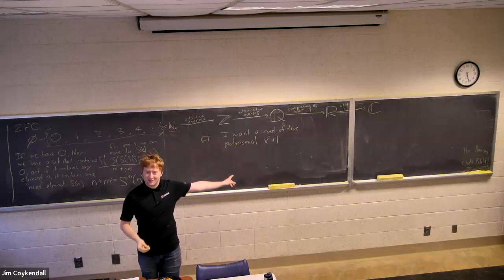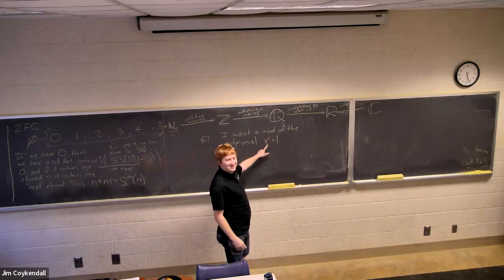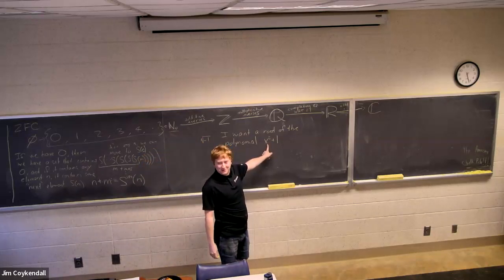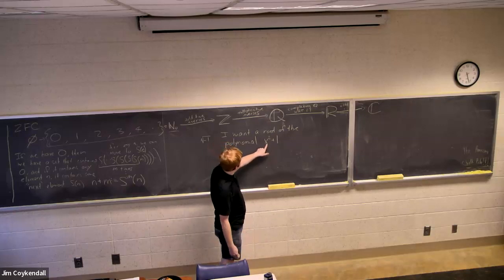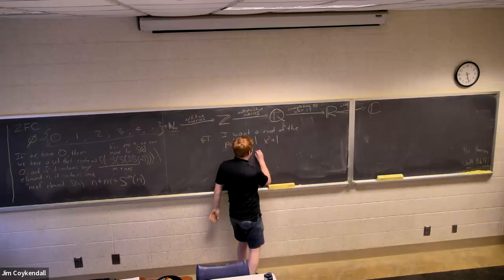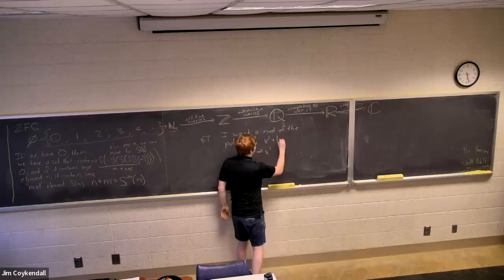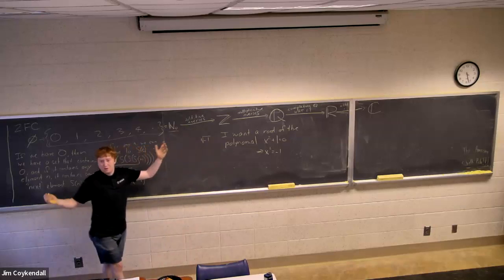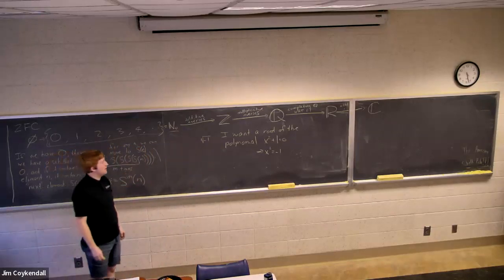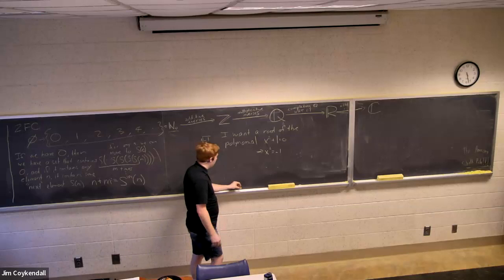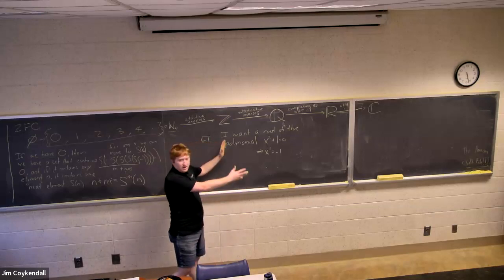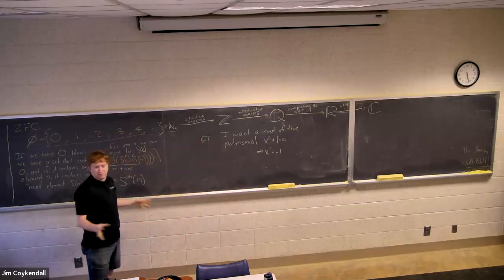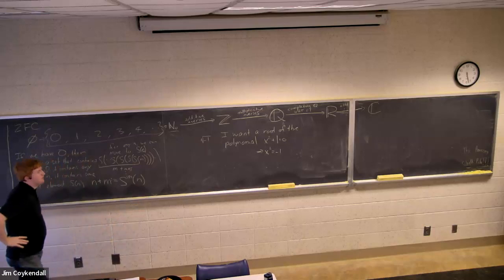I think you'll all agree that this does not have a root in the real numbers, because if anything squared plus 1 is equal to 0, then x squared is equal to -1, and again, we've got the plus or minus square root of -1. And okay, we can do that. We can rephrase this a little bit. There's nothing wrong with that.